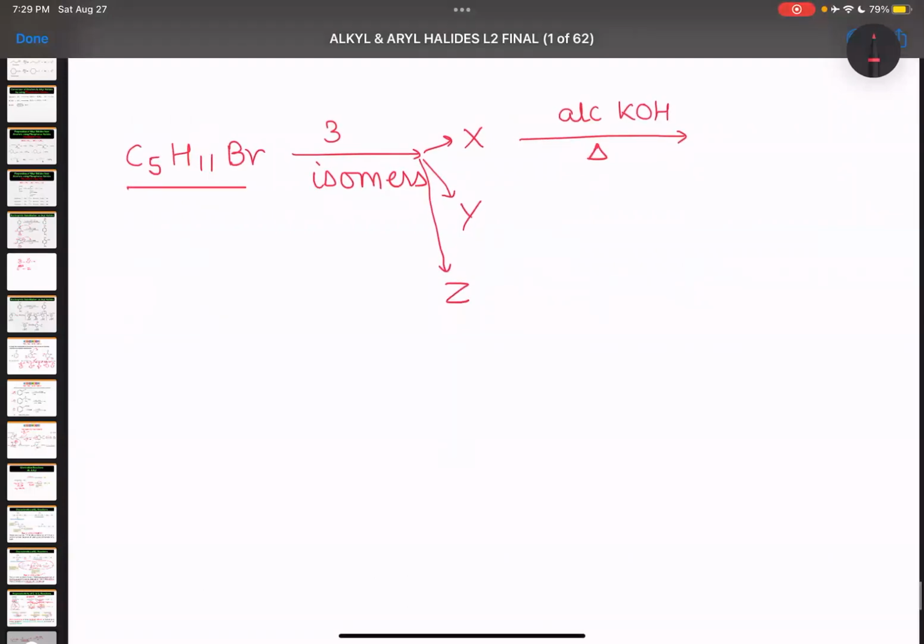So this is the compound. It has one isomer, which I'm calling X, and upon treatment with alcoholic KOH, it is giving only one alkene, C5H10.